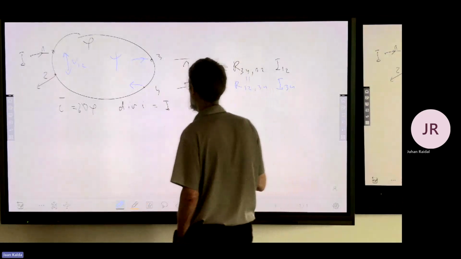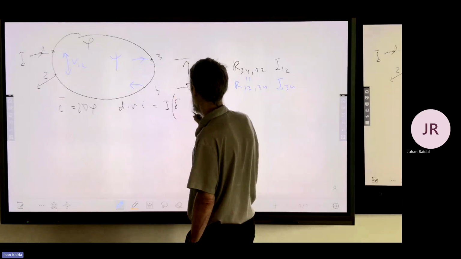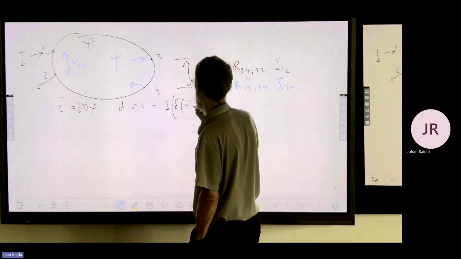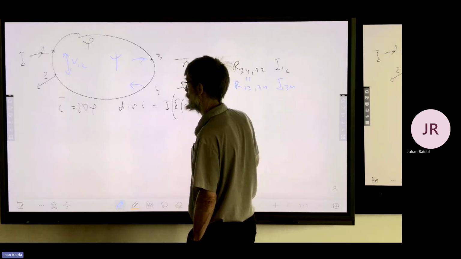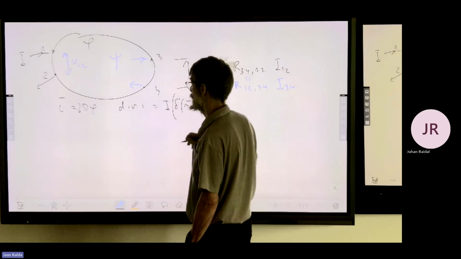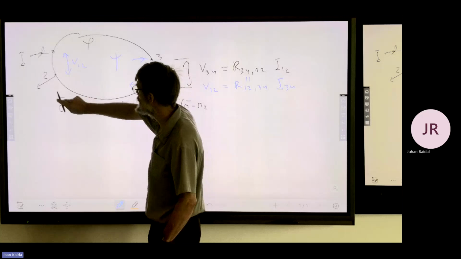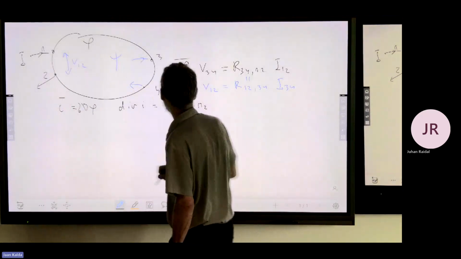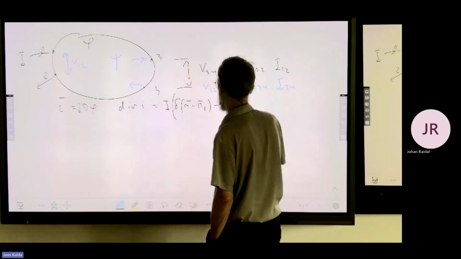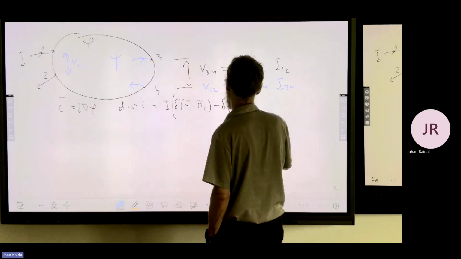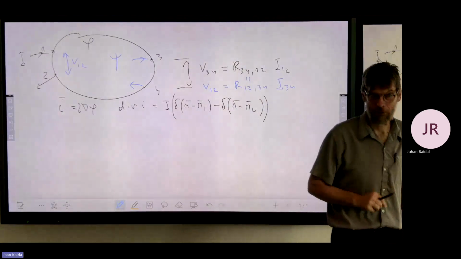So the divergence of I will be the Dirac delta function of R minus R1, minus the Dirac delta function of R minus R2. Here we have convergence, here we have divergence. Is that right? Do you agree?